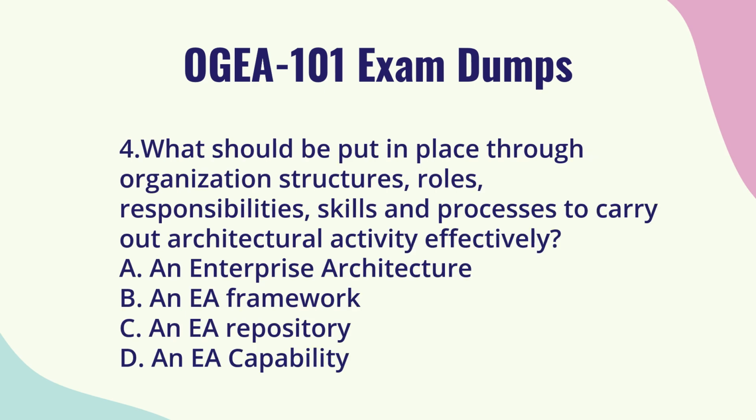What should be put in place through organization structures, roles, responsibilities, skills and processes to carry out architectural activity effectively? A. An enterprise architecture. B. An EA framework. C. An EA repository. D. An EA capability.